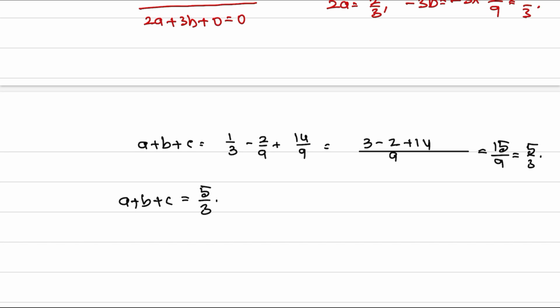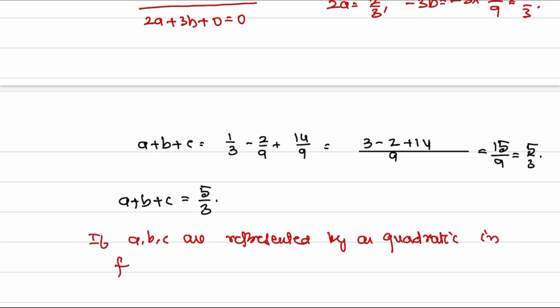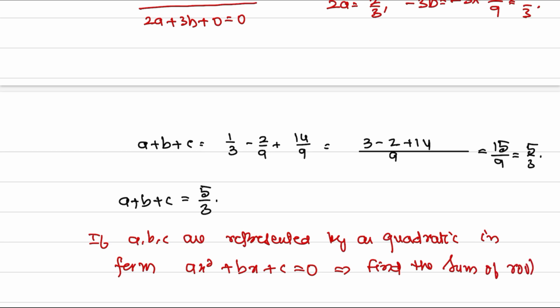If some question is asked, I am going to give a better refined question. If A, B, C are represented in a quadratic form ax square plus bx plus c is equal to 0, then find the sum of the roots of this equation and the product of the roots.